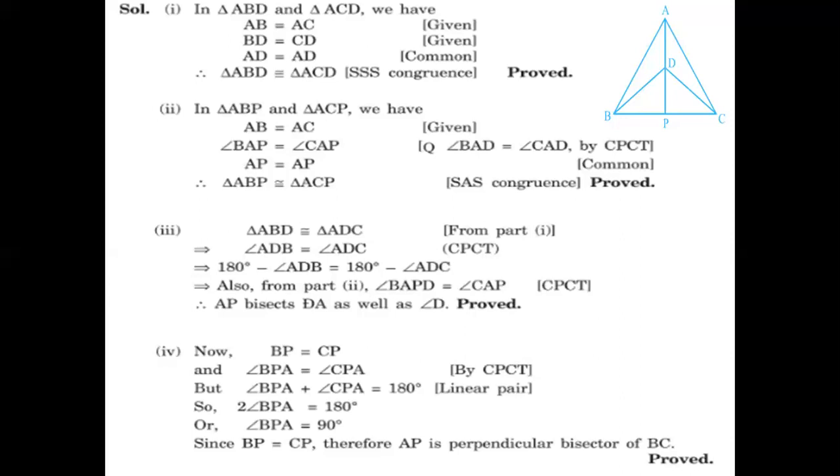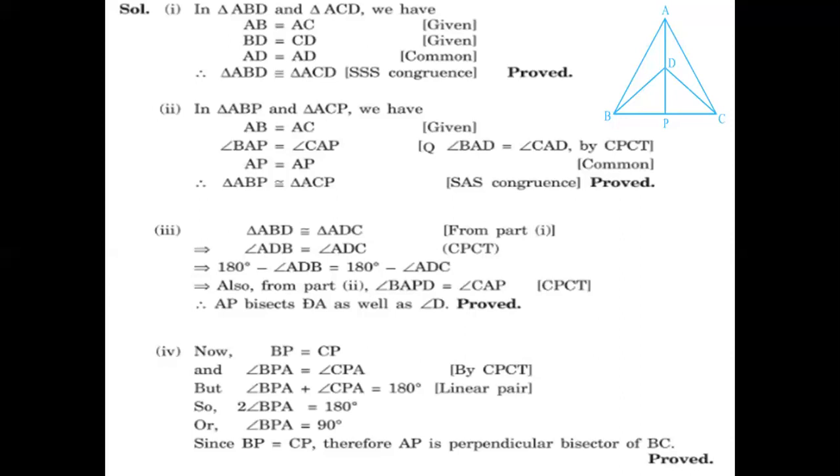Why? Because I've already proved in the first part of the solution that triangle ABD and triangle ACD are congruent. If that's the case, then the corresponding part, that is angle BAD, will be equal to angle CAD. If BAD is equal to CAD, and if I extend AD further, I can write BAP is equal to CAP. I hope that's clear.